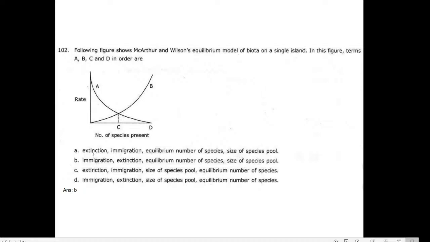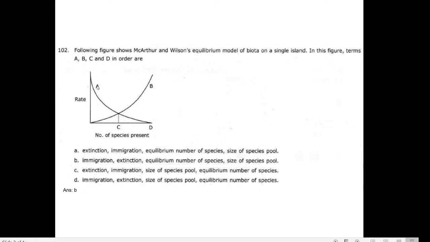The options are extinction, immigration, equilibrium number of species, and size of species pool. These are the terms we want to assign to A, B, C, D.